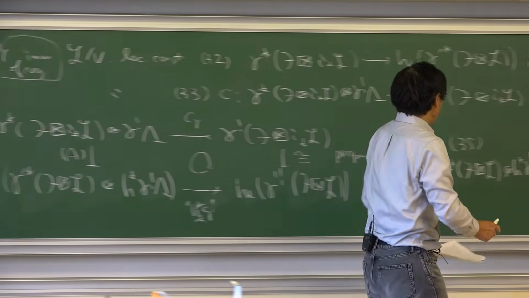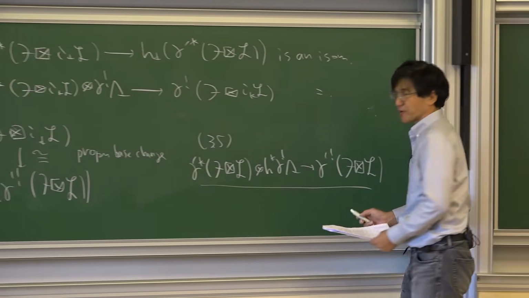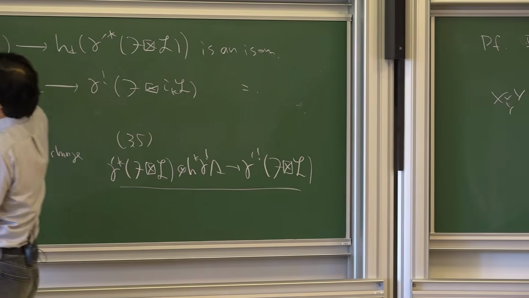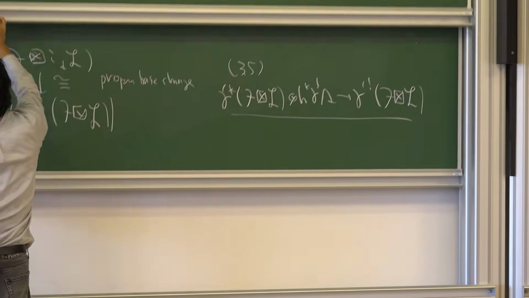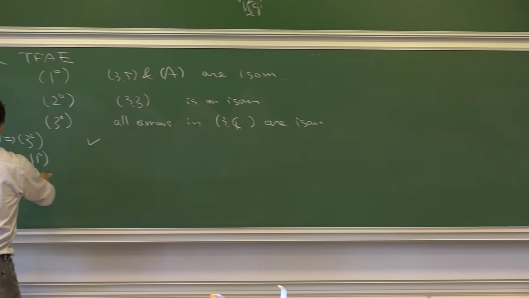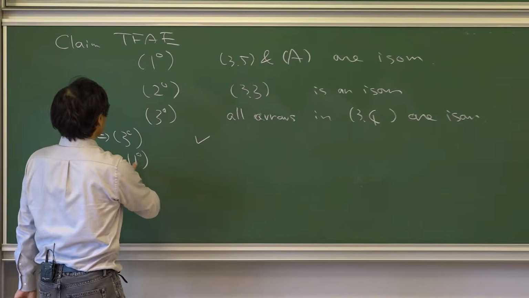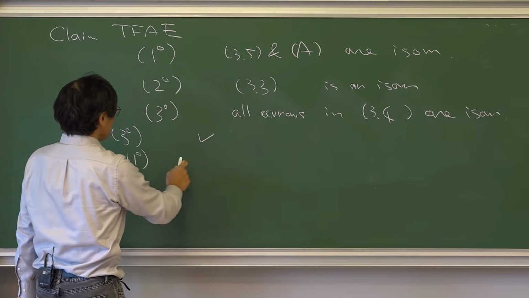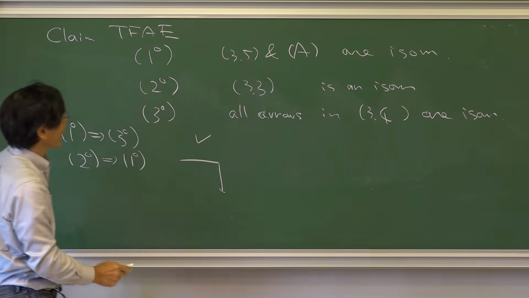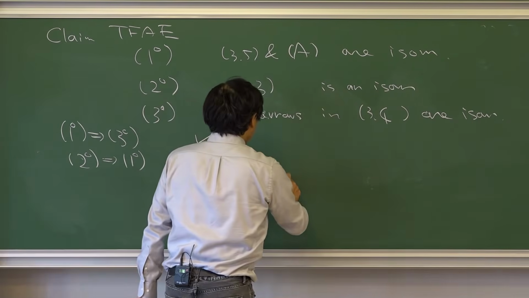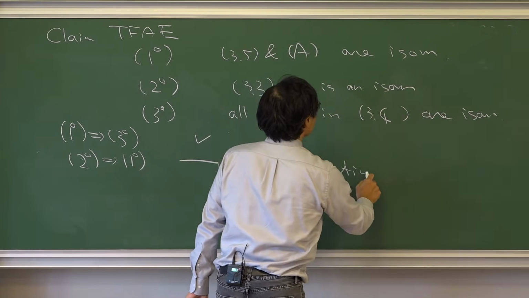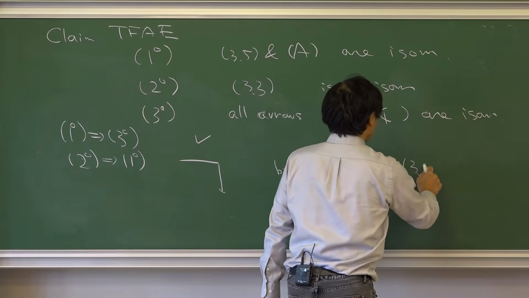And this exactly means 3.5 is an isomorphism. So let me write. Second, by assumption, this composition is an isomorphism. And by adjunction, 3.5 is an isomorphism.